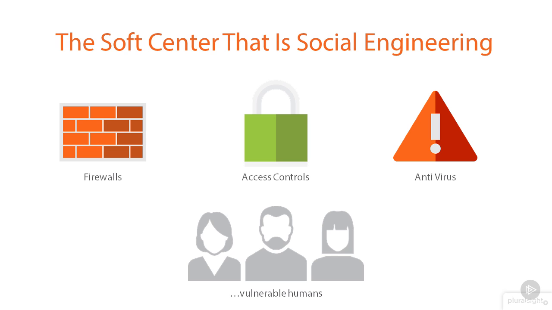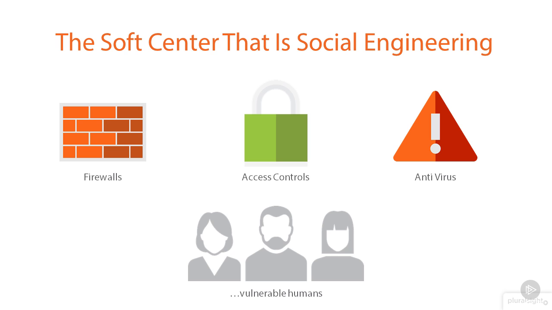People have a huge amount of power well and truly after all those hard shell protections have been applied. And that's what we're really going to look at during this course. How can the vulnerable humans be exploited to circumvent the hard security controls that you see above here?